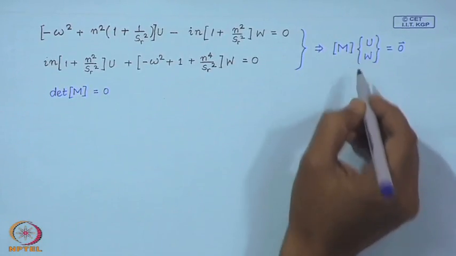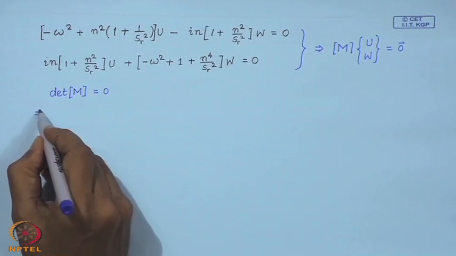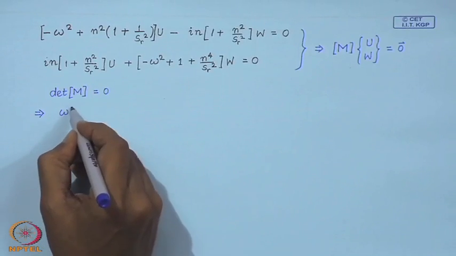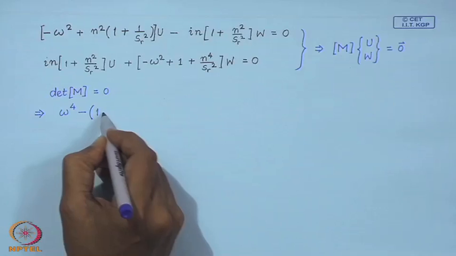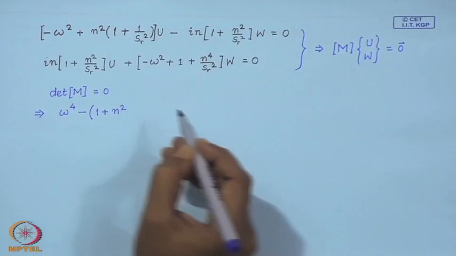So, for non-trivial solutions of u and w, that leads us to the characteristic equation, which can be obtained easily.